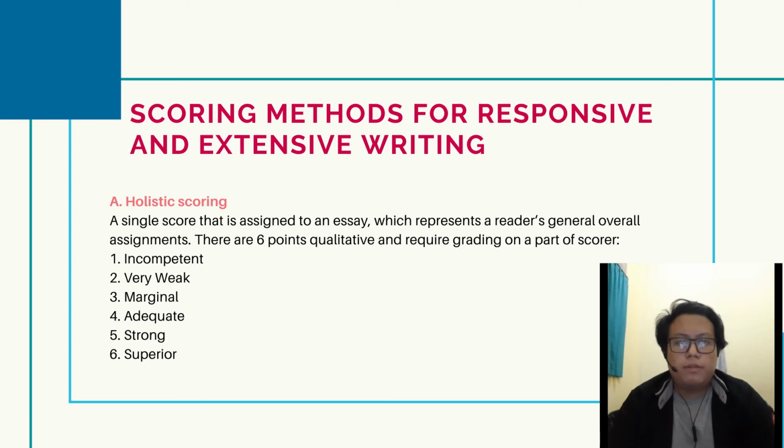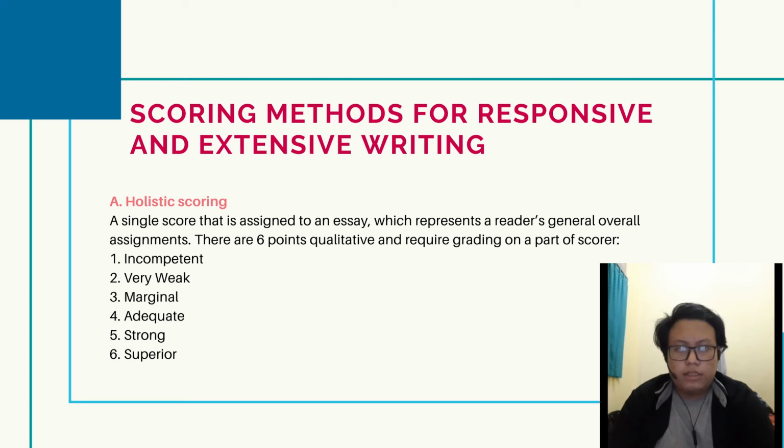Here I want to explain the scoring methods for responsive and extensive writing. The first one is holistic scoring. Holistic scoring is a single mark assigned to an article, which is a general impression for a reader.